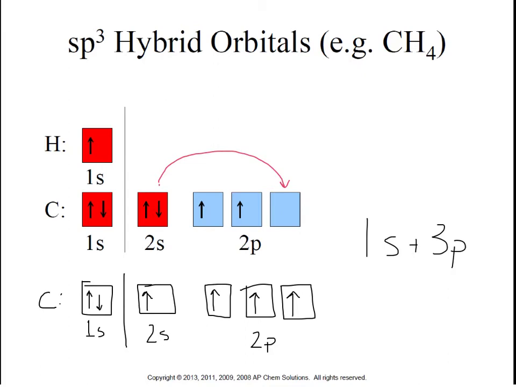We call it the sp3 hybrid orbital, because it's made of 1s and 3 p's. And what we've created now is 4 places for carbon to share bonds with. So now each hydrogen, which has one valence electron, can share in these 4 different places.